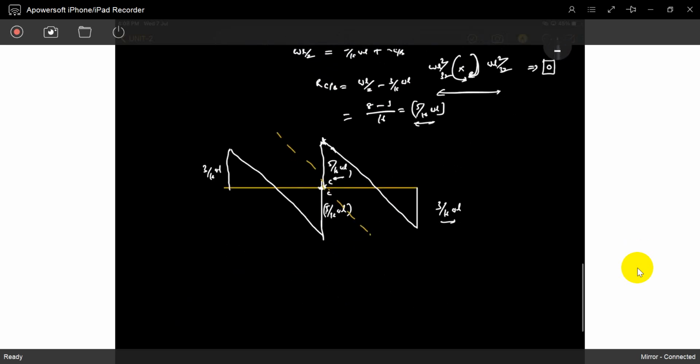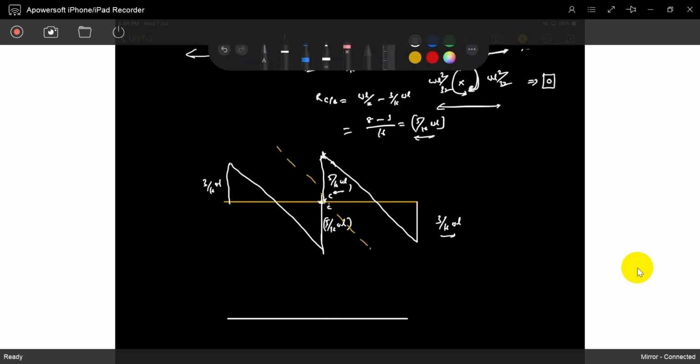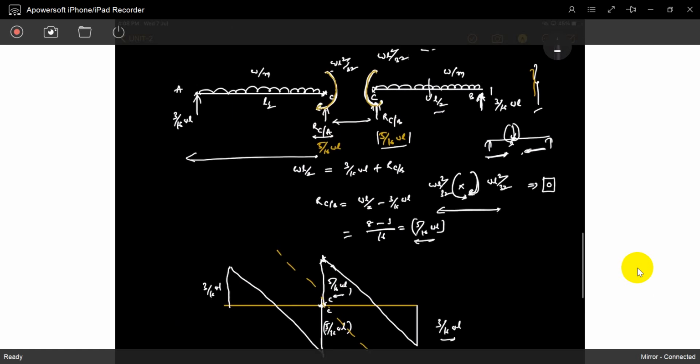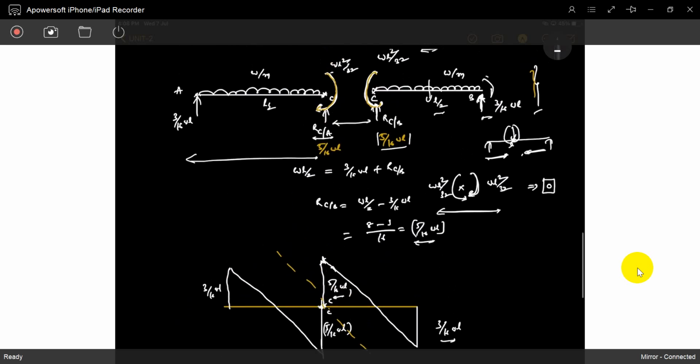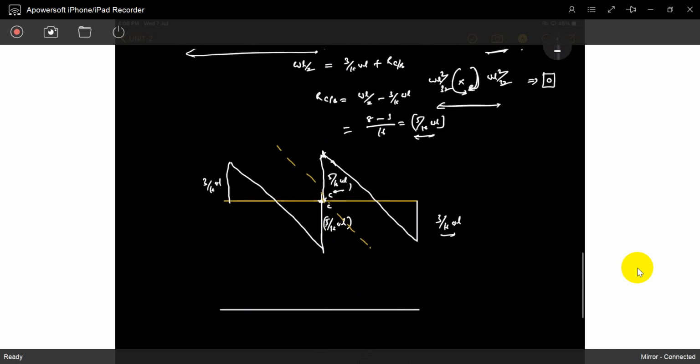And also if you draw the bending moment diagram, so bending moment diagram also. See, at 3 by 16, 3 by 16 into something multiplication goes in this direction, so automatically it will decrease. So at C it will decrease.